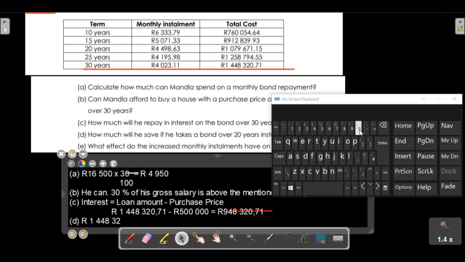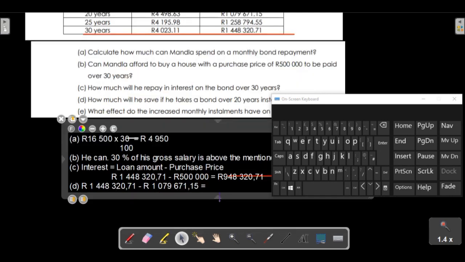So we say 1,448,320 rands and 71 cents, subtract 1,079,671 rands and 15 cents.